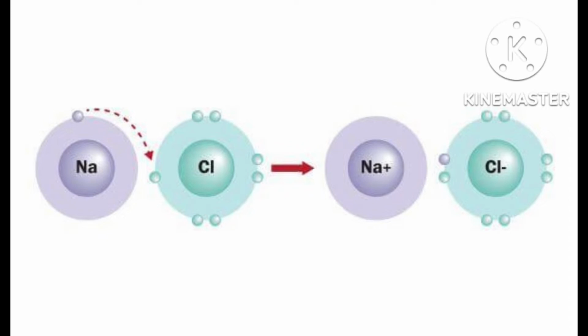Then the whole arrangement will be like that. Two same charges will not come closer. Always an opposite charge will come in the middle. That's why, particularly in sodium chloride, the arrangement will be Na, then Cl, then Na, then Cl, like that lengthwise, breadthwise, and height-wise.